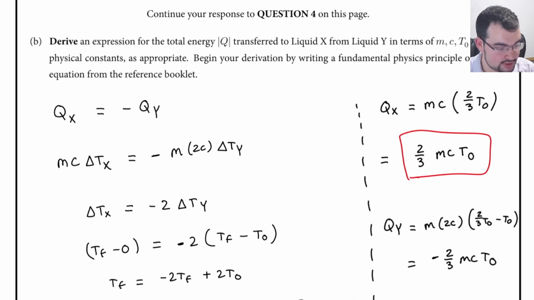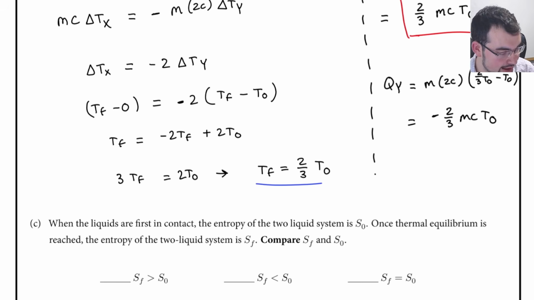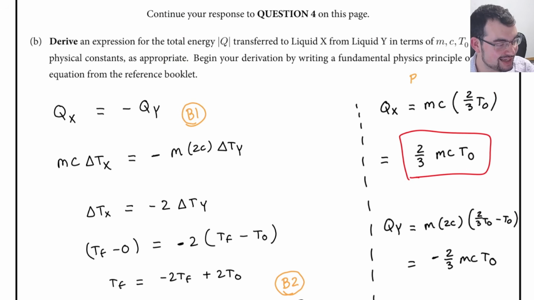So how'd you get points? You needed to say Q equals MC delta T, or this fact. So either of these facts gets you B1. To get B2, you had to solve for the correct temperature, 2/3 T0. And for B3, you had to get a consistent substitution. B3 actually didn't have to be right, because I thought that was a bit unfair to double ding you.